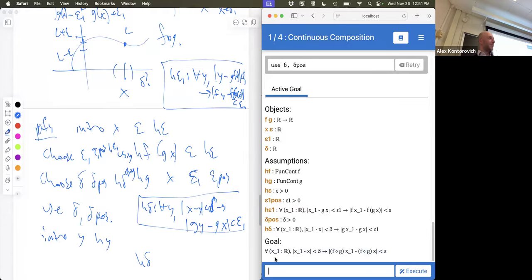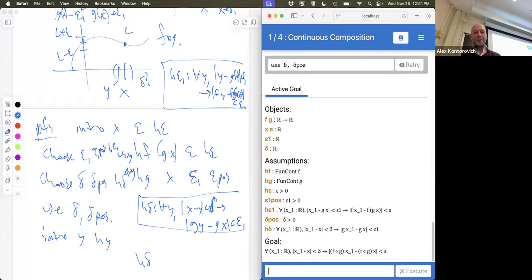Now our goal says, once we've said what the delta is, then it's given any y within delta of x. So that's an intro y, hy.